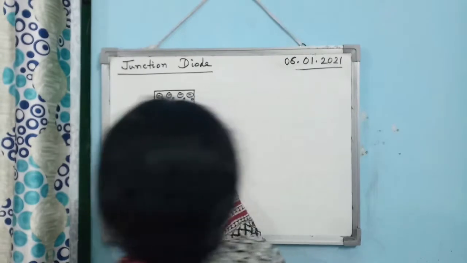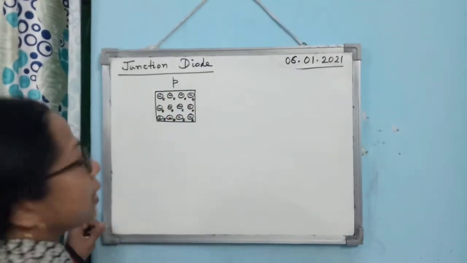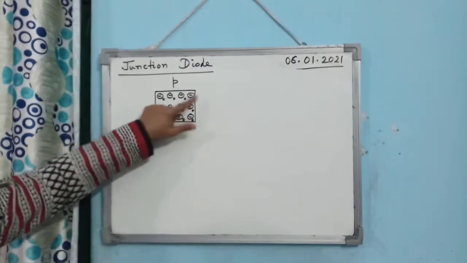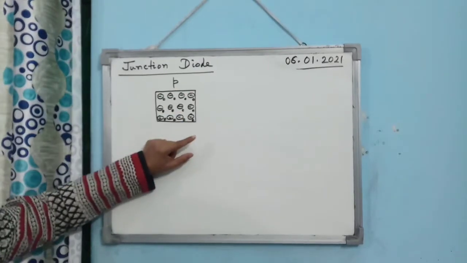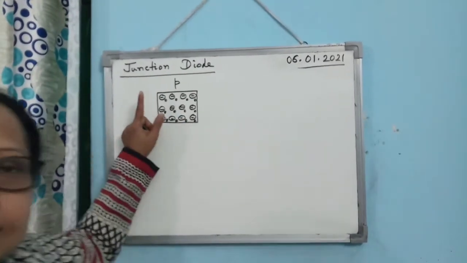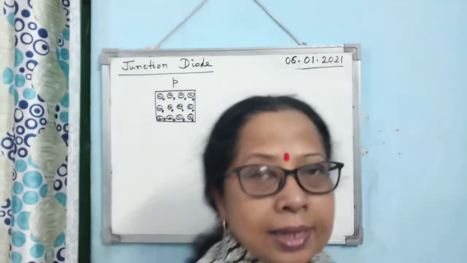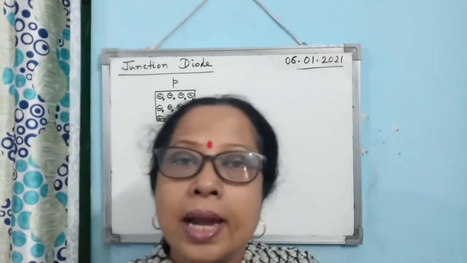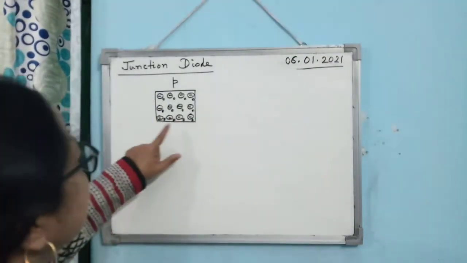That's why whenever there is a p-type semiconductor, we represent it like this. Means, inside the p-type semiconductor there are negatively charged immobile ions and holes are the majority charge carriers.